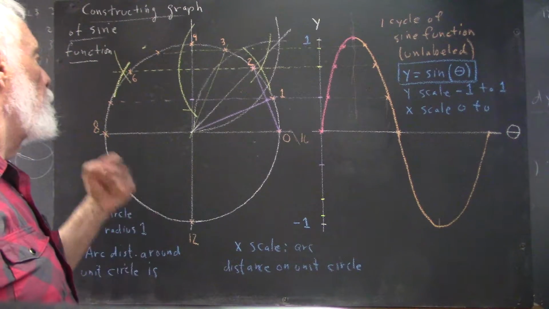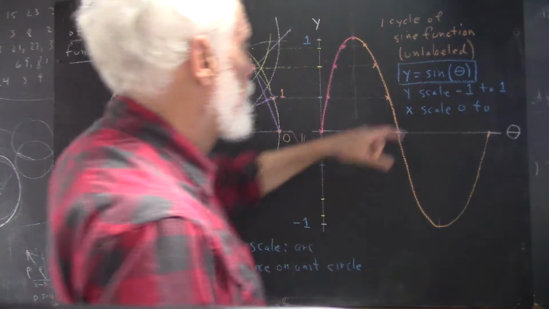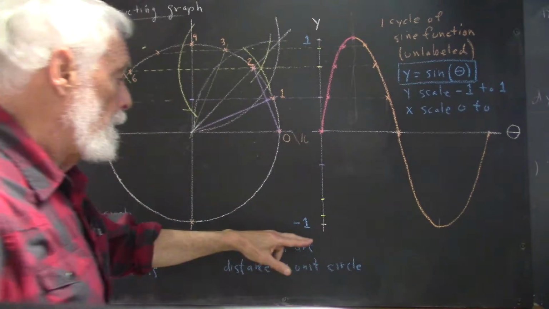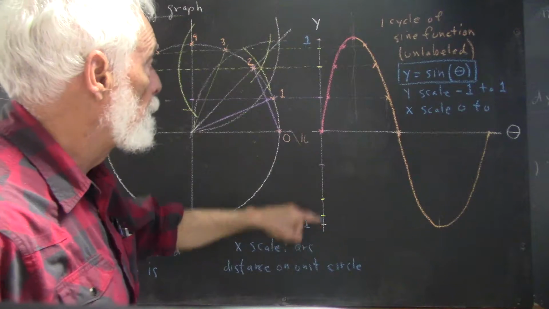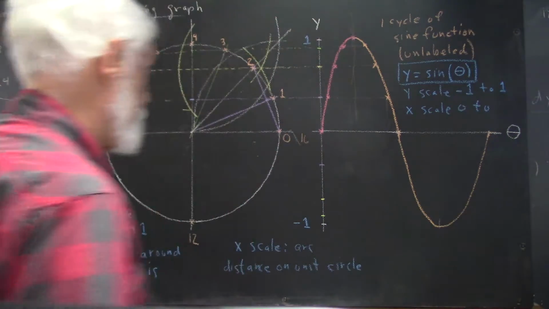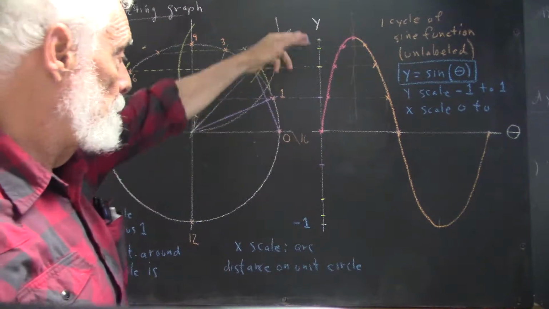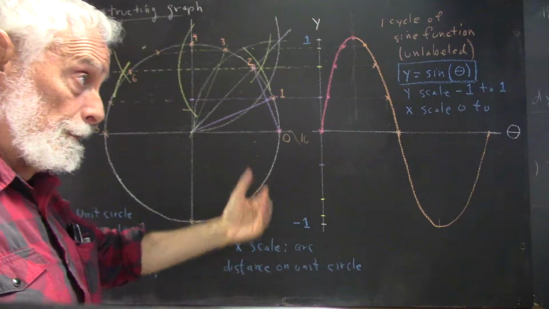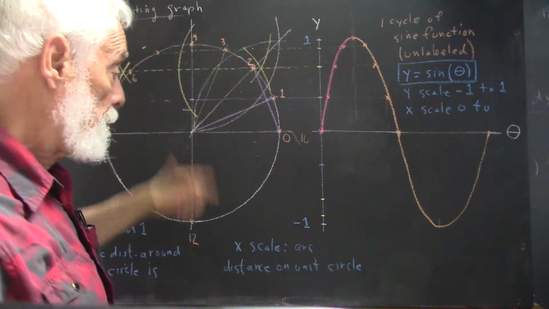So what we do is, first of all, we're going to assume for the sine function that the y-axis goes from -1 to 1, with, of course, 0 in between. Now that implies that the circle that we use is a unit circle. That is, the circle has to have radius 1.